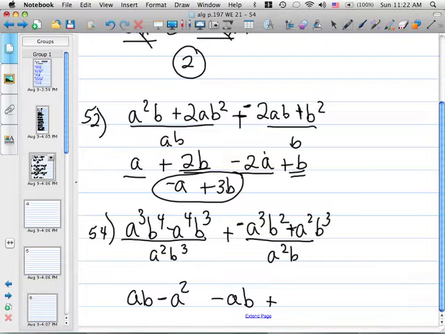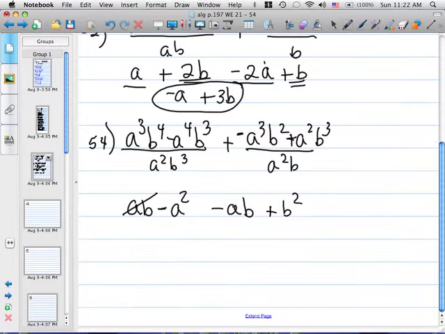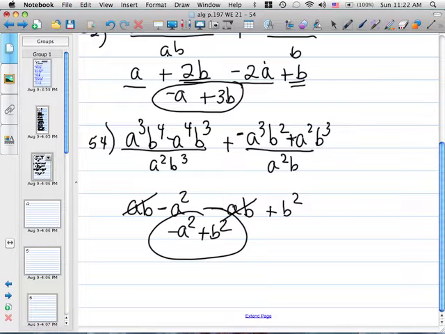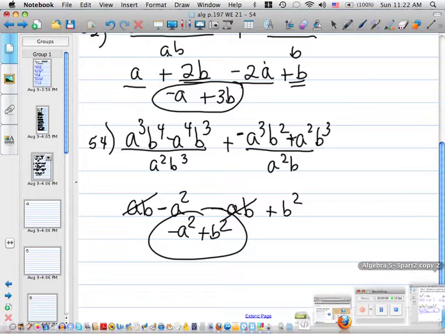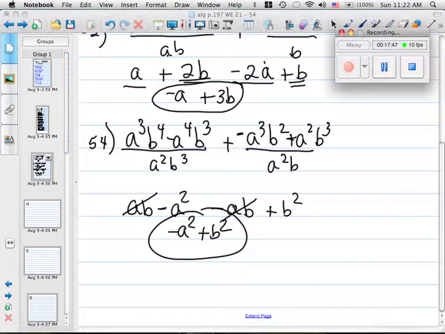Last problem, 54. We have a cubed b to the fourth minus a to the fourth b cubed over a squared b cubed minus a cubed b squared minus a squared b cubed over a squared b. A lot of a's and b's.